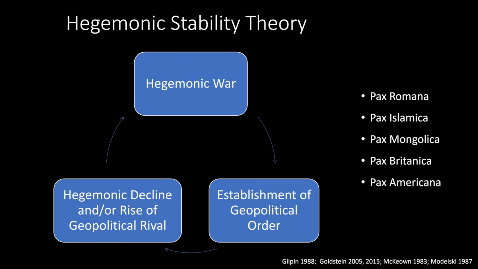From hegemonic stability theory, basically once you get a rival, they will engage in direct military conflict. So people have theorized about whether the United States is in the waning years of the Pax Americana, and whether we'll get into a direct shooting war with China as our predominant geopolitical rival.